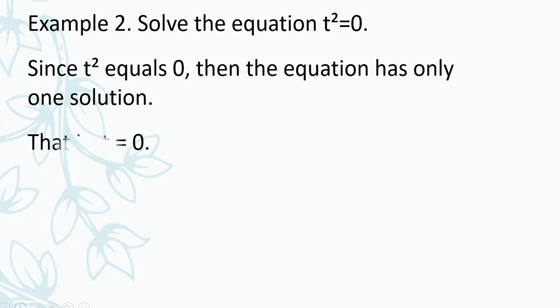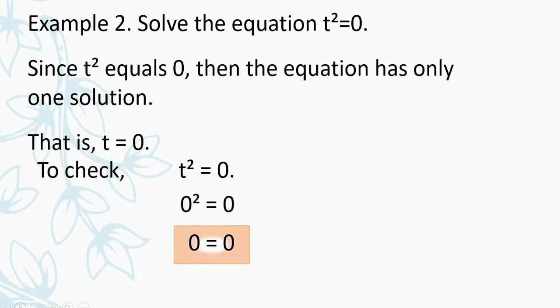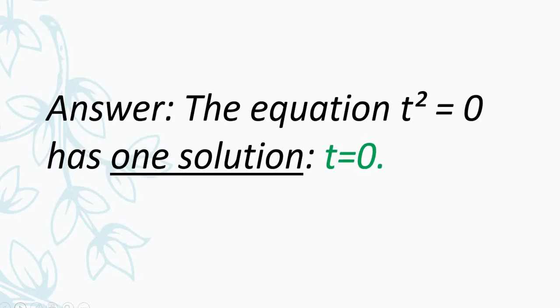So that is t is equal to 0. And to check it, substitute the value of t into t squared, then 0 is equal to 0. Answer: the equation t squared is equal to 0 has one solution, t is equal to 0.